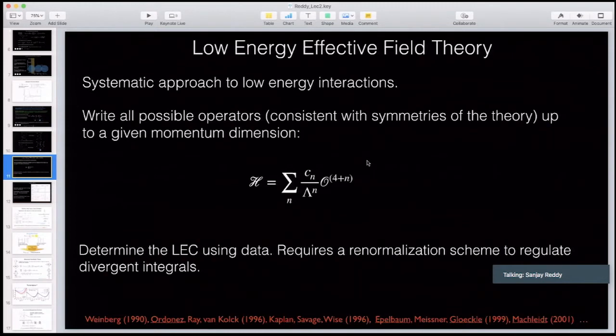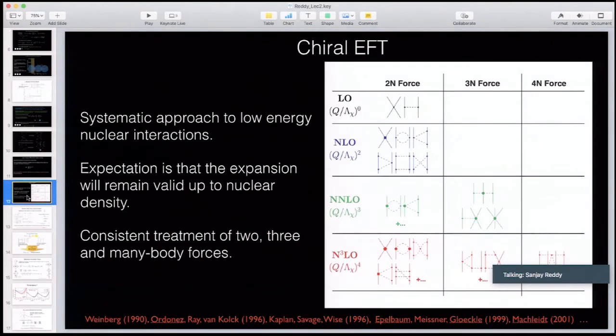And it's a momentum expansion in the sense that even though this expansion contains an infinite number of terms, at low momentum compared to lambda, it should be adequate to keep just the lower order terms, and the higher order terms must make a small contribution to any observable. And the second part is, for every low energy theory, you have to specify how you are regulating these divergent integrals, and that's called the renormalization scheme.